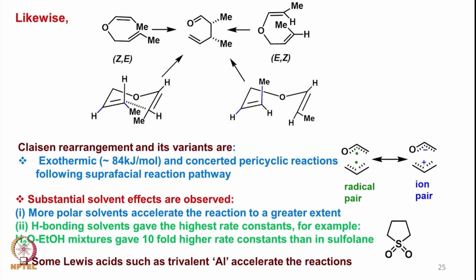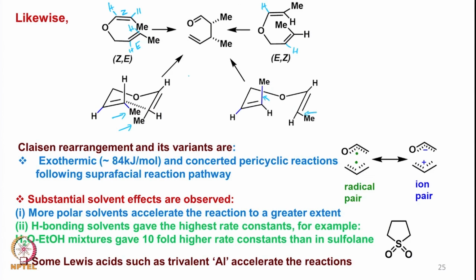In a similar fashion, if we start with ZE as we have here, Z and E, then of course we can say that this is H, this is Z, and this is H here and H here, this is E, and this is of course Z and this is E. So the same thing happens, and in the transition state, as you can see, this methyl is down here, this methyl is up, and this is also up.